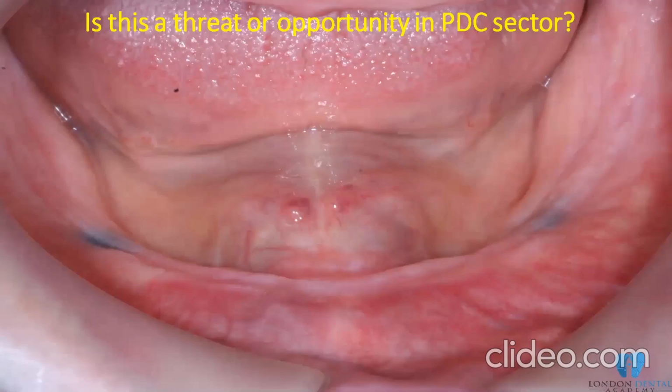Now, looking into more detail in this case, this is a lady I saw at Guy's Hospital over 10 years ago. She presented with this ridge. To be honest with you, this case won't scare me. When I look at these cases, I will not get scared that much. I will not make any assumptions.